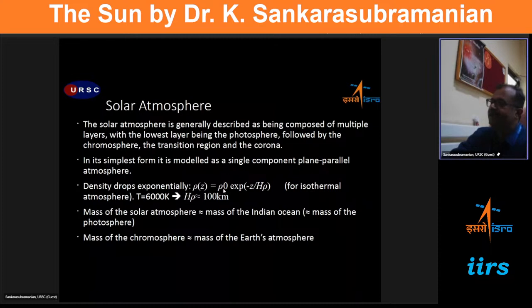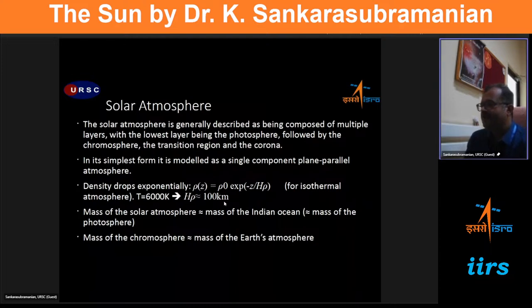Rho naught is the density in the deeper layer of the photosphere, and as you go up in height, the density will start to drop. The drop rate of the density, we call the scale height, H rho, which in the photosphere is about 100 kilometers for a temperature of 6,000 degrees.